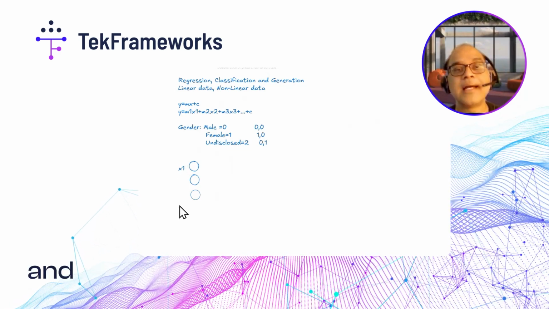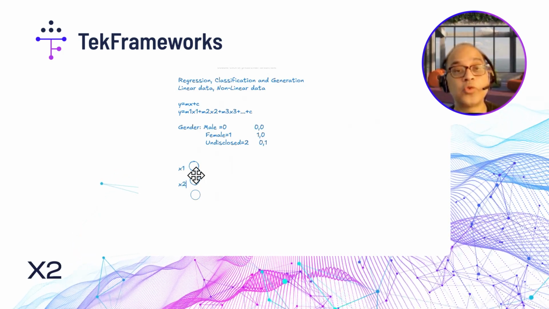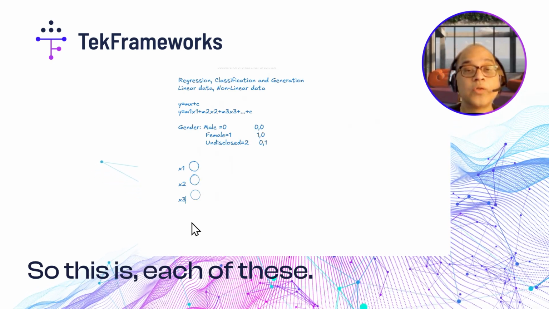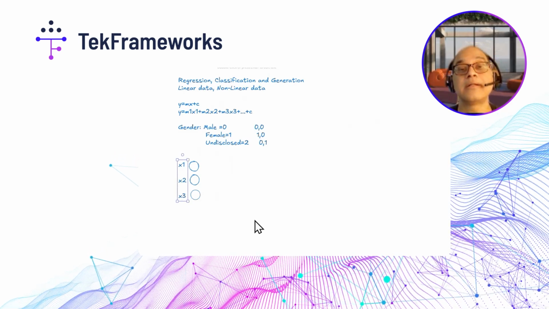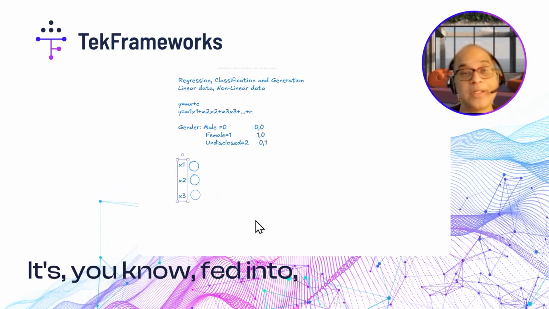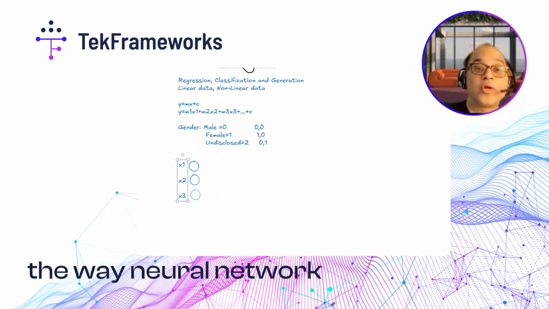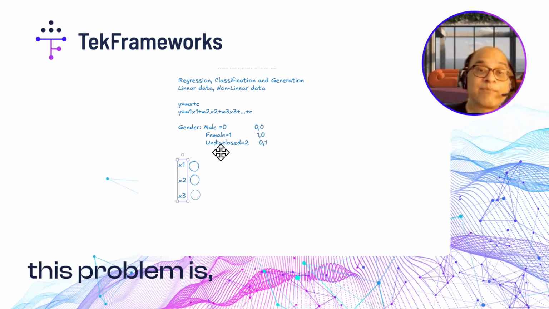x1, x2, x3. Each of these is fed into one node. Now the way a neural network visualizes this problem is, hey, you know what?